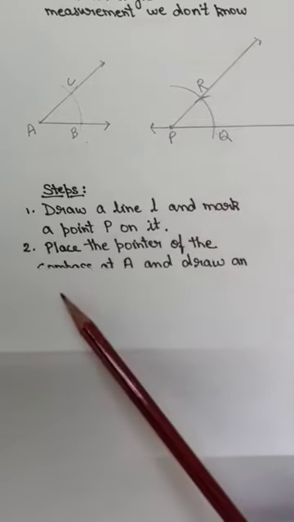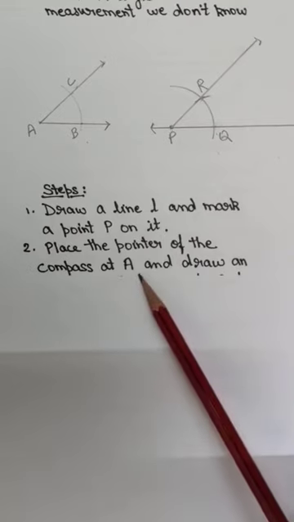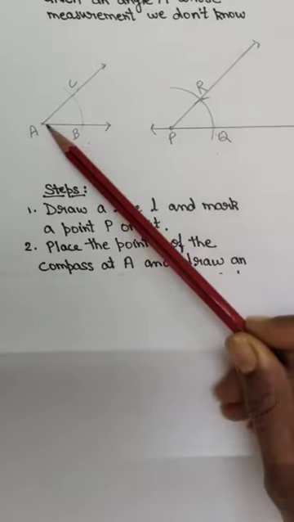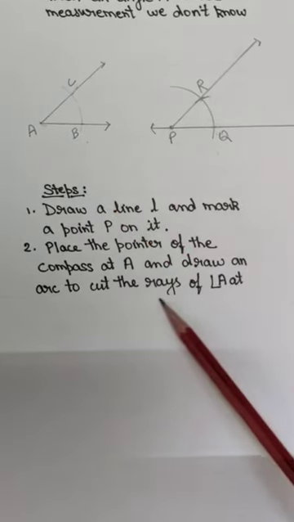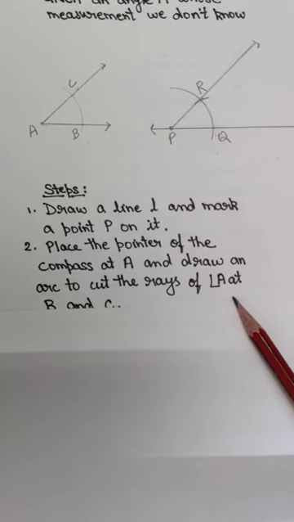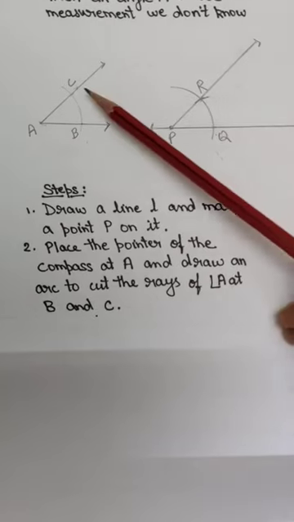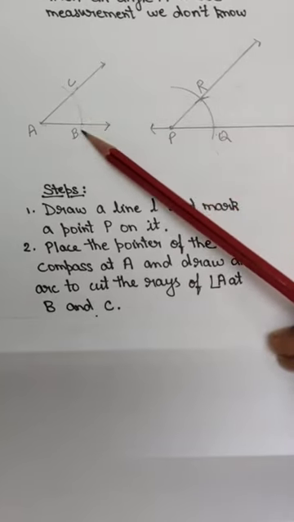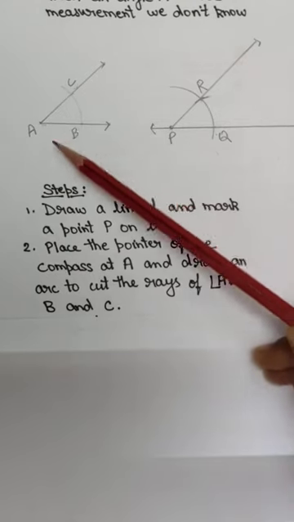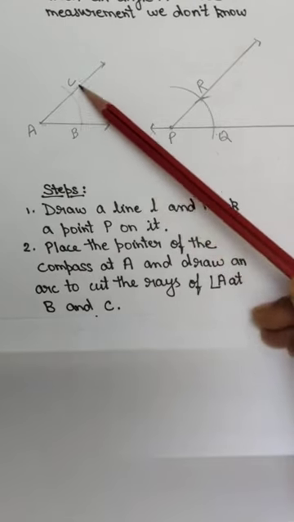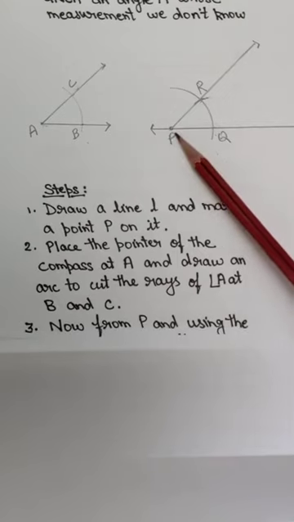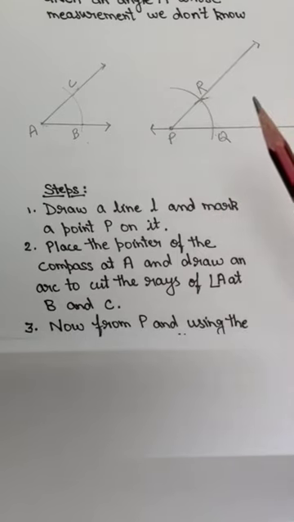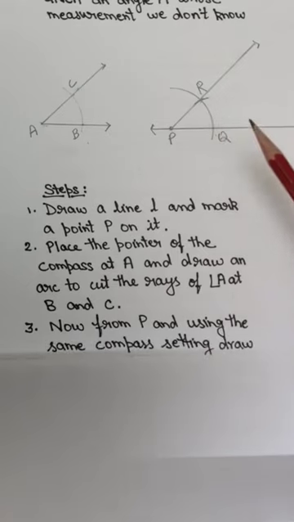Place the pointer of the compass at A and draw an arc to cut the rays of angle A at B and C. We have drawn this arc which cuts the rays of angle A at B and C. Now from P, using the same radius, you will not disturb the compass.